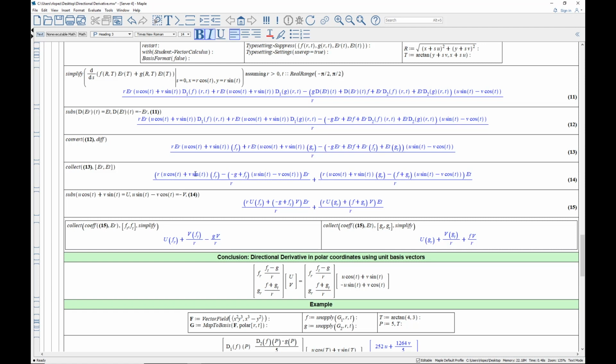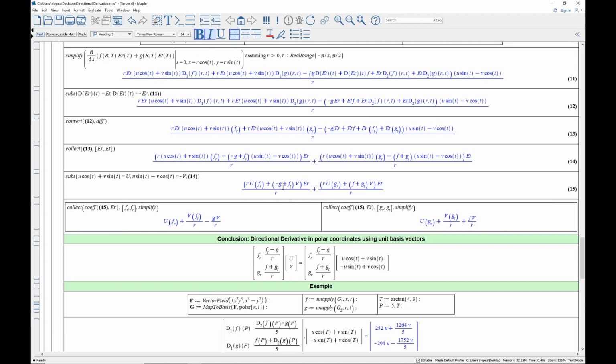This I'm going to call uppercase U, because it is the polar equivalent of the Cartesian vector with little u, little v. And the other component, I use a V. I'll just brute force make those changes so I can read this more easily. Here's the er component, here's the e theta component.